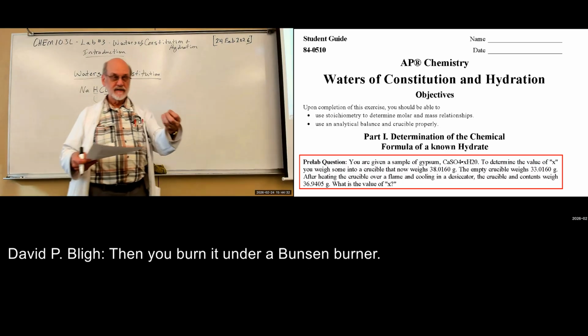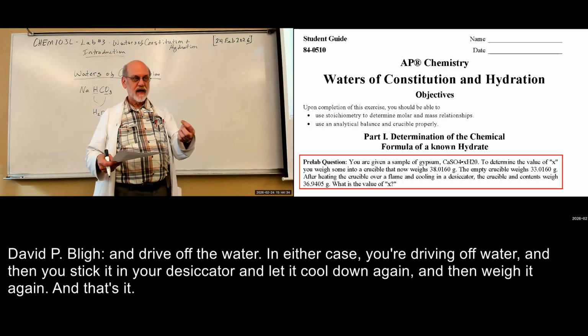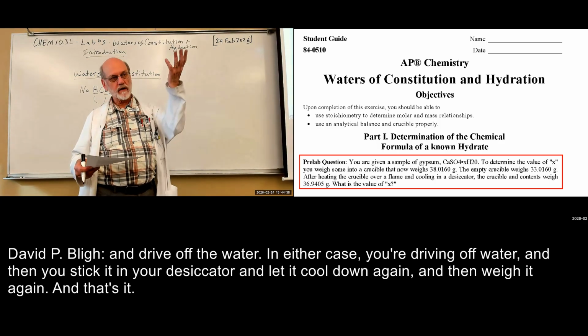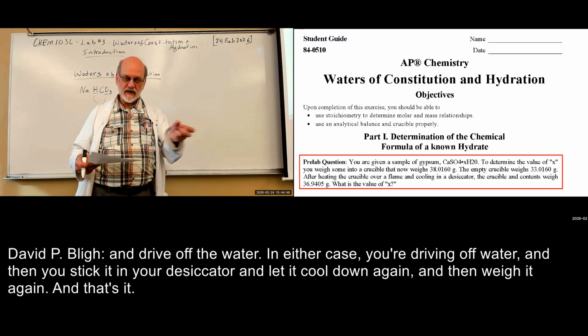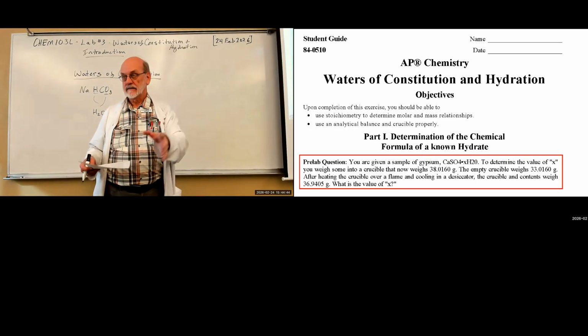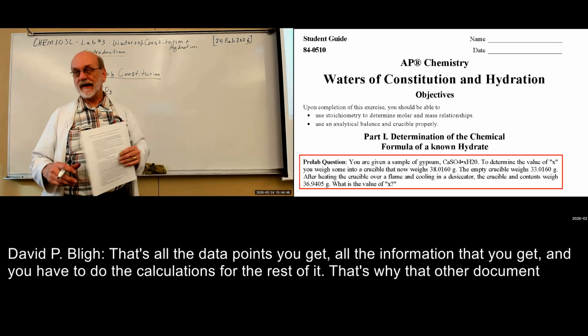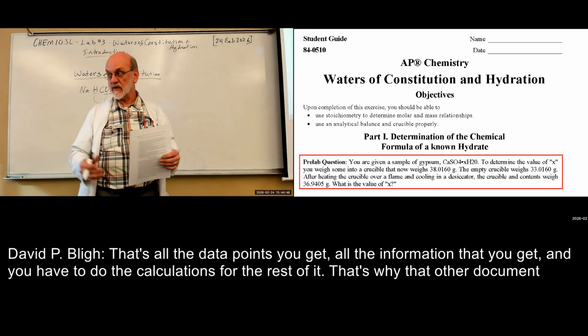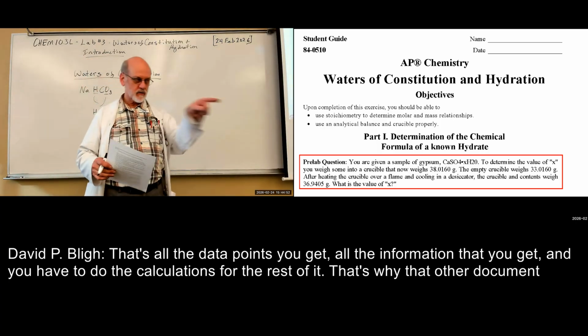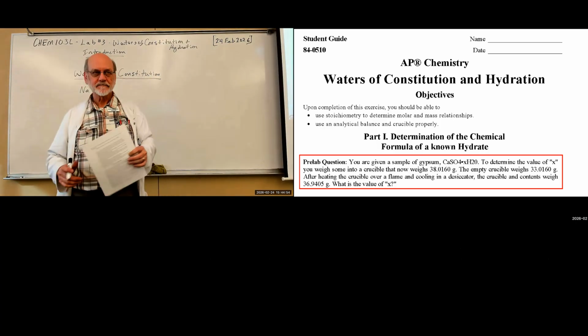Then you burn it under a Bunsen burner and drive off the water. In either case, you're driving off water, and then you stick it in your desiccator and let it cool down again, and then weigh it again. And that's it. That's all the data points you get, all the information that you get. And you have to do the calculations for the rest of it. That's why that other document.